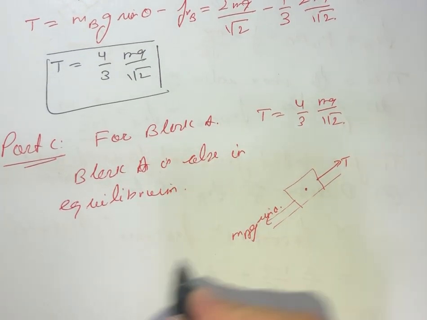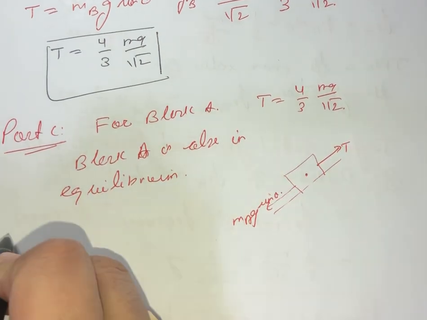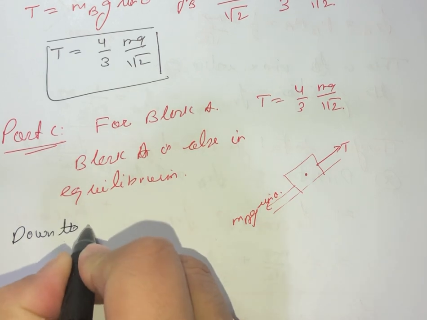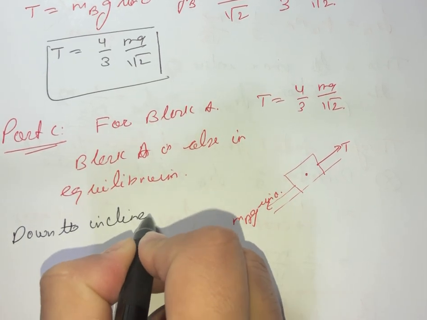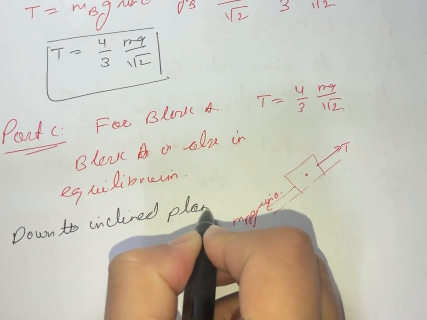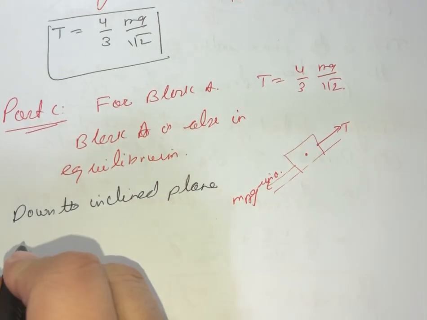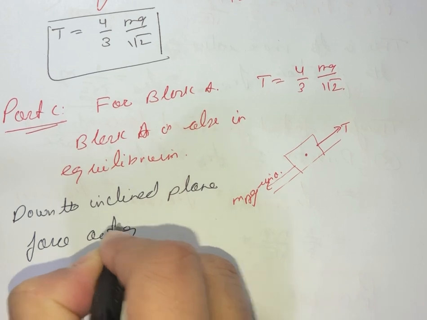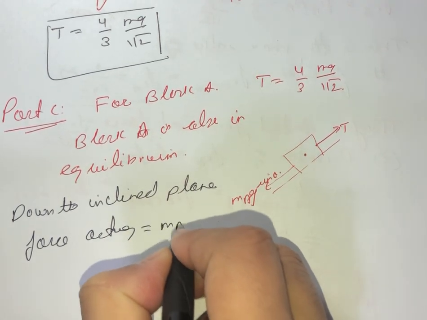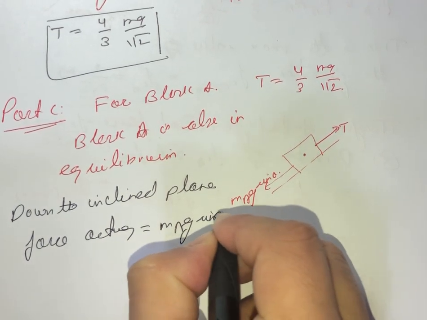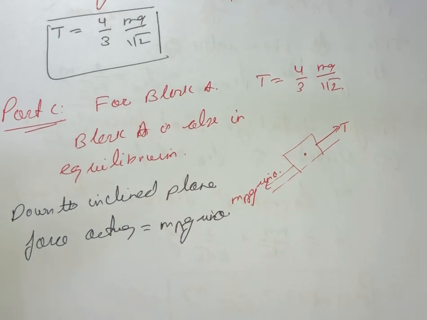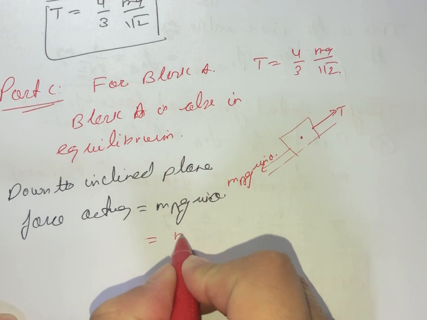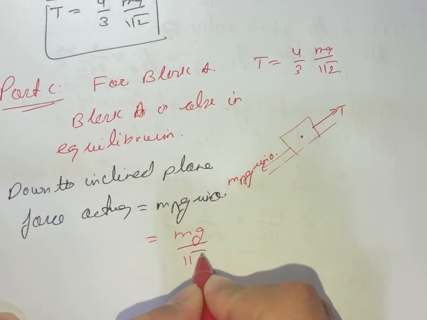So the force acting down the inclined plane is equal to ma g sine of theta, which will be equal to mg by square root of 2.